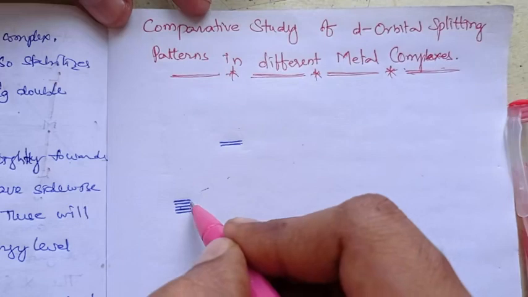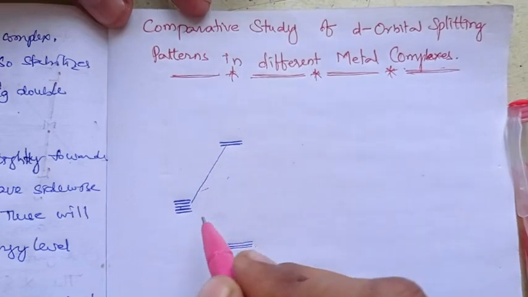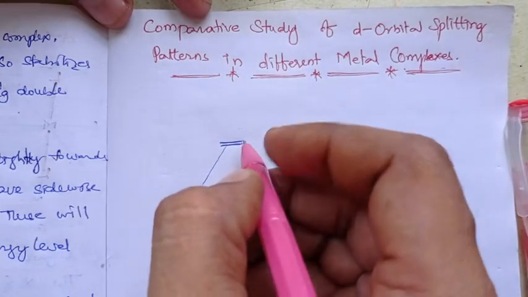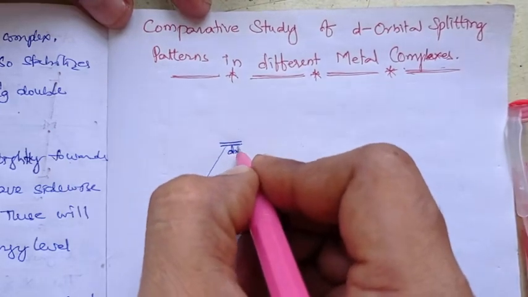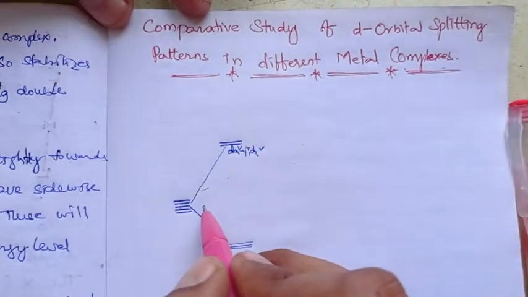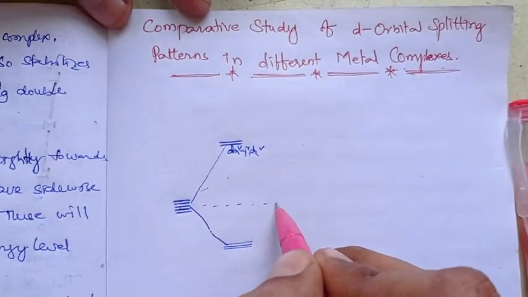Two orbitals, dx square minus y square and dz square, get excited and reach a higher energy.